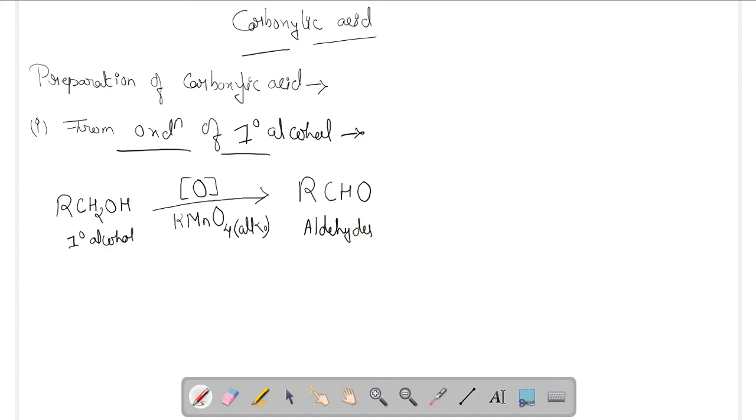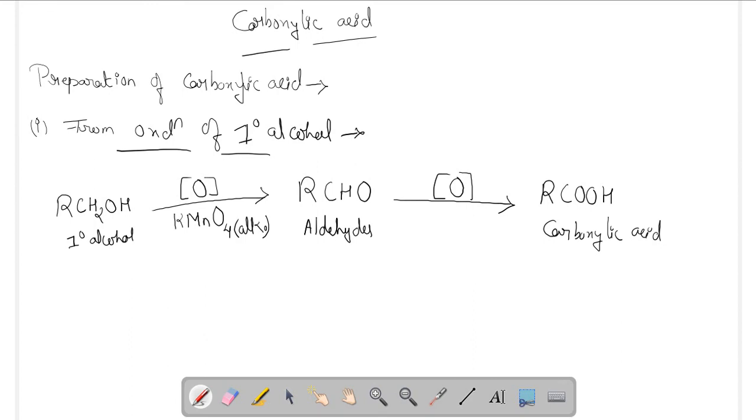On further oxidation, the aldehyde will be converted to carboxylic acid. So this is the method for preparing carboxylic acid from primary alcohols.